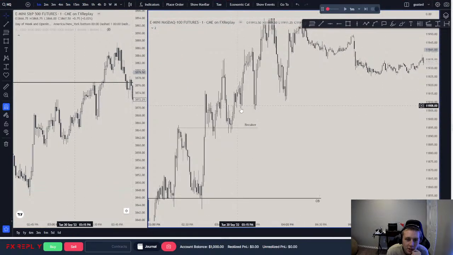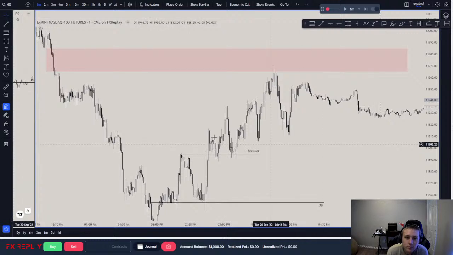Hey, we had an SMT there. Is that in that silver bullet zone too? I'm guessing over here is the silver bullet zone, if we were to swing grade that.